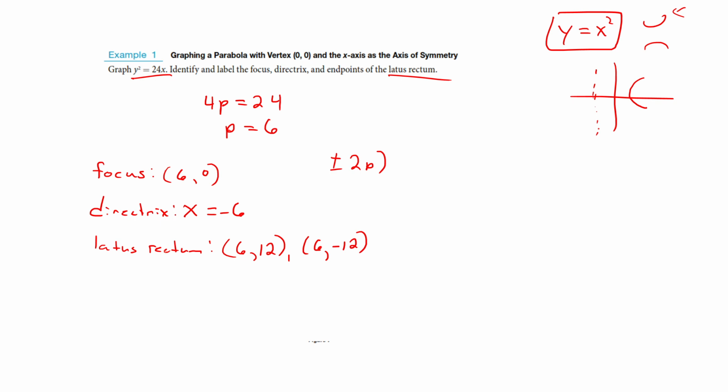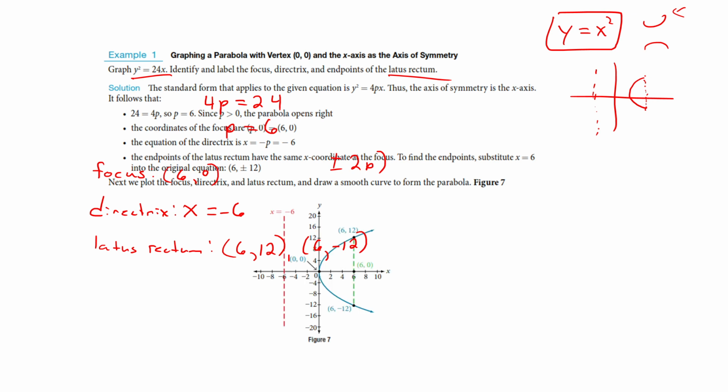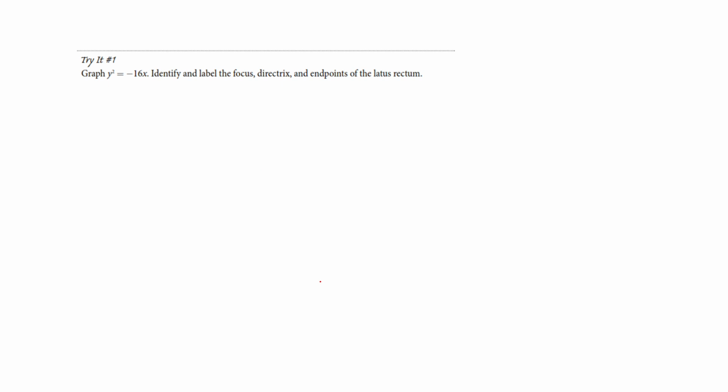So when I'm thinking of this, I'm thinking about the direction to help me know where I am going, right or left. So I'm going right, and these points are along a line from the focus. So that value of x is going to stay the same, so it's p. And the values of the two points on the curve are always 2p. If p was 6, I get 12, and we take the positive one and the negative. Let me work some more of these to help you see. Here's our picture, and that matches our idea here.